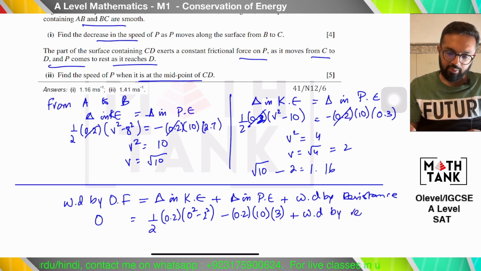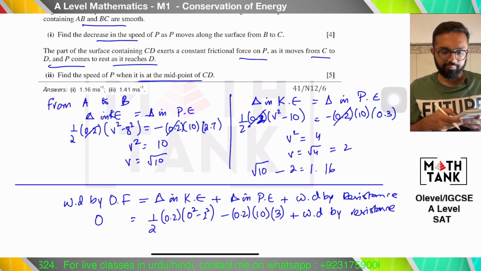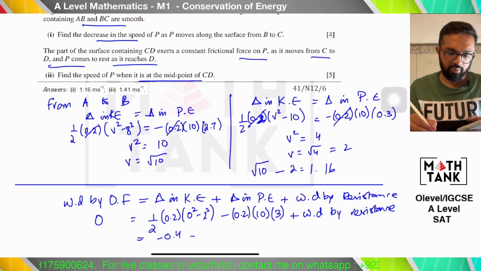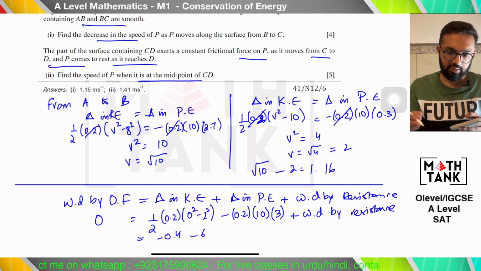Okay, let's calculate the work done by the resistance and then see what we have to calculate. Minus 4 over 2 into 0.2, that gives me minus 0.4, minus 6. Work done by resistance.